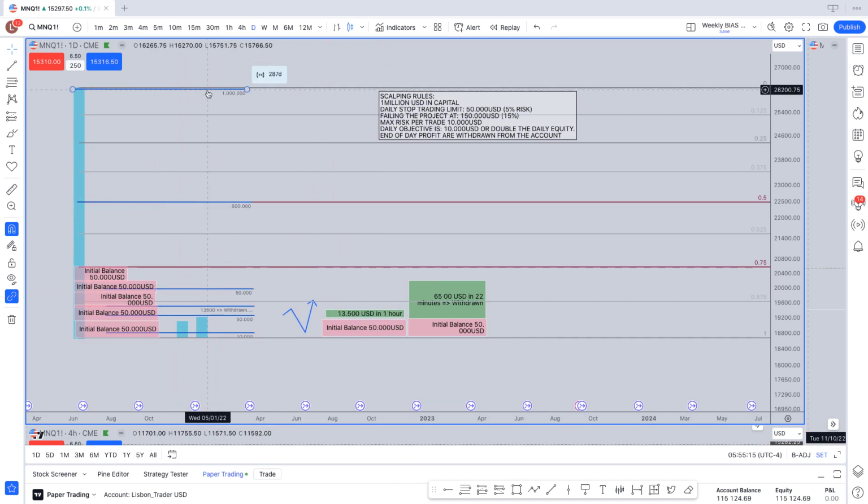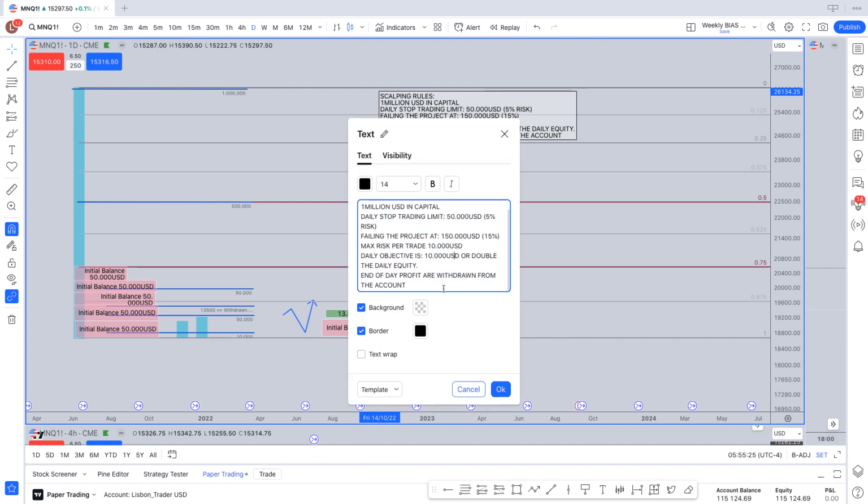So the objective is to reach 1 million in the next 2 weeks. So let's put here the objective: reach 1 million USD in 2 weeks.